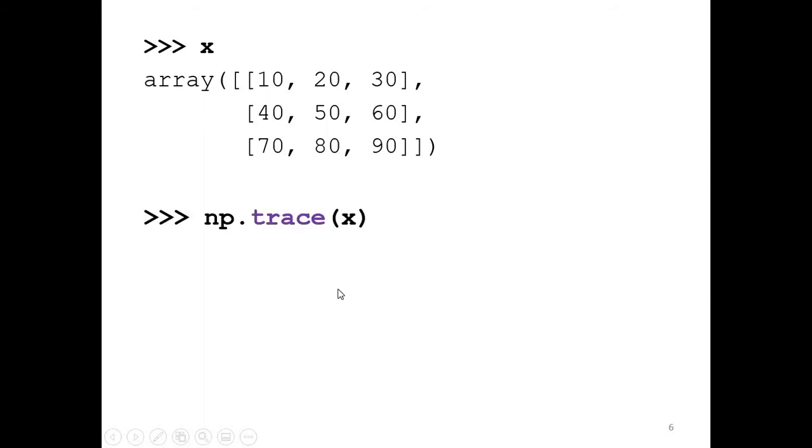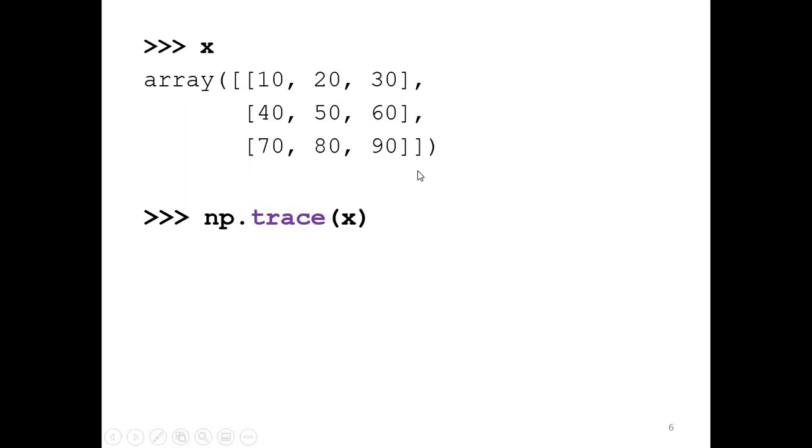Now remember the array again. If you want to take the trace, we know that the trace of a matrix is the sum of the diagonal elements. So if you take np.trace(x), although it is not typically a matrix, it looks like a matrix. Why is it not a matrix? It is a two-dimensional array, because a matrix has certain other properties. You know, matrix multiplication is something very peculiar.